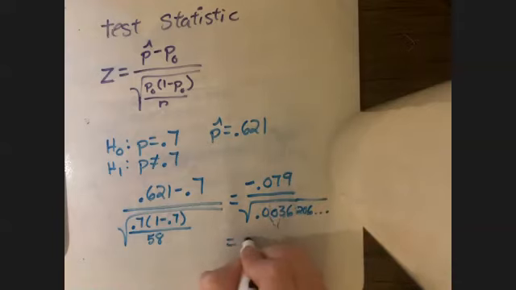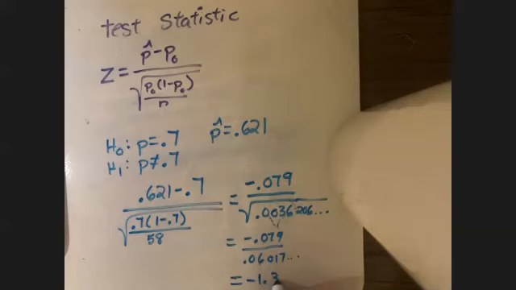So I've got negative 0.079 divided by the square root of that, 0.06017, and we end up with negative 1.31. Now, this is our test statistic.